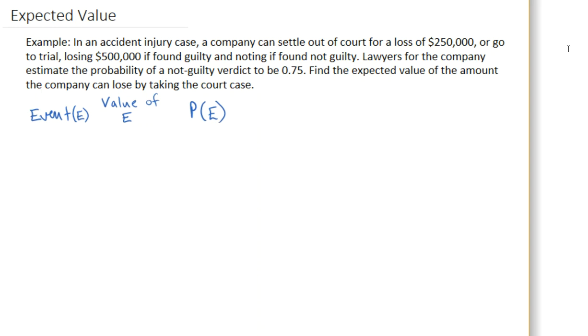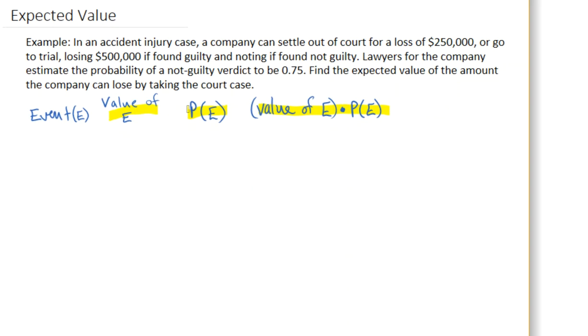The last column is going to be the product of the value of the event and the probability of the event. Again, product means multiply. So the value of the event times the probability of the event. Essentially this column is going to be whatever's in this column times whatever's in this column, so it builds off of the previous columns.